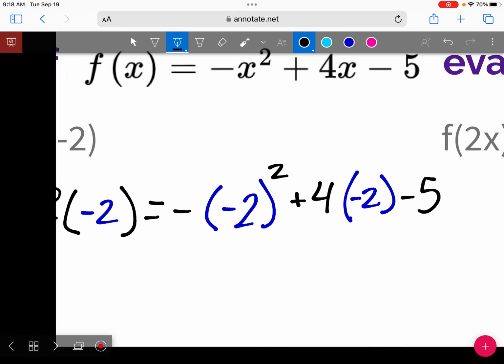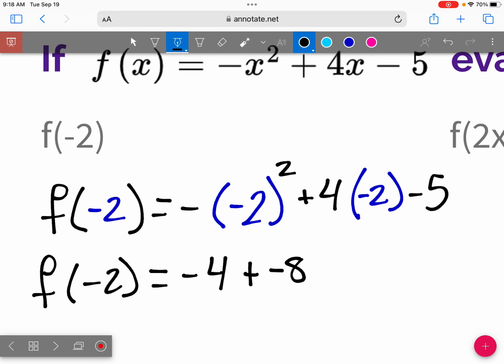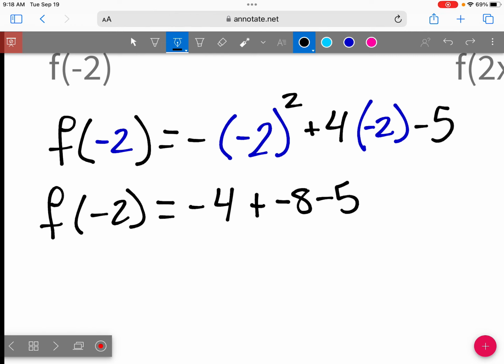So let's simplify before we jump ahead. F of negative 2. What is negative 2 squared? 4. So opposite of 4, plus 4 times negative 2, minus 5. So we have negative 4 plus negative 8 minus 5.